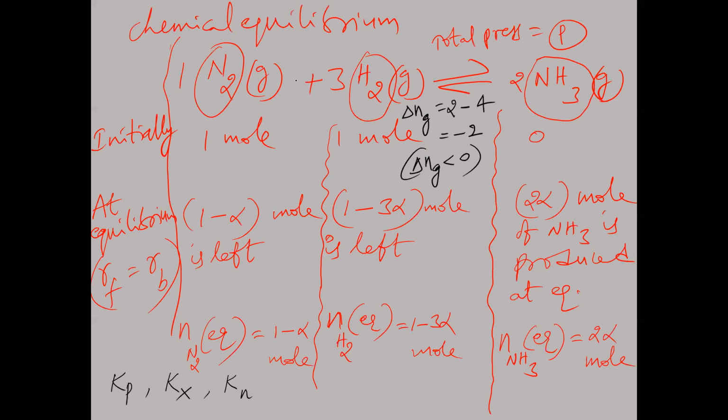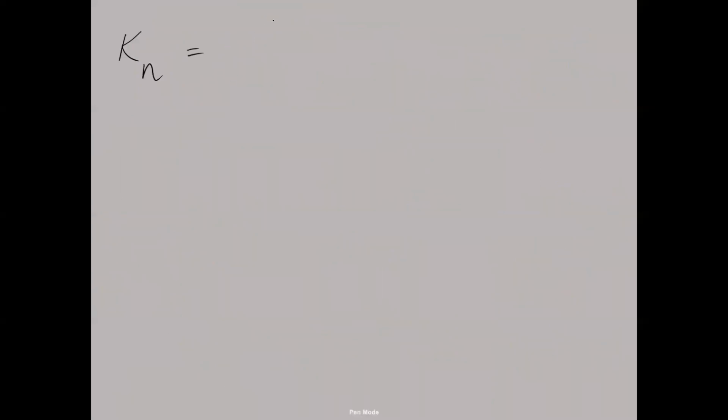The number of moles of products divided by the number of moles of reactants. In the above equation, ammonia is the product. How many moles of ammonia are in the balanced equation? 2 moles. So we write the number of moles of ammonia squared.